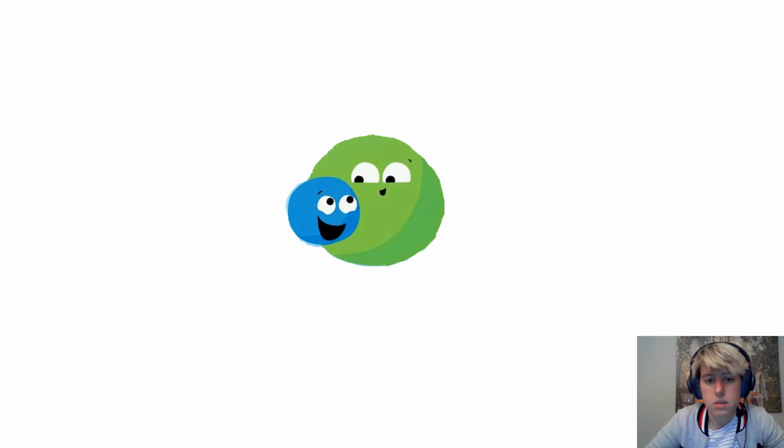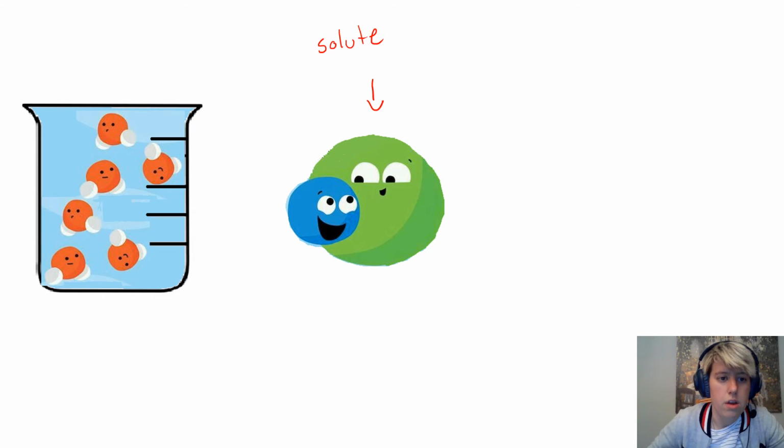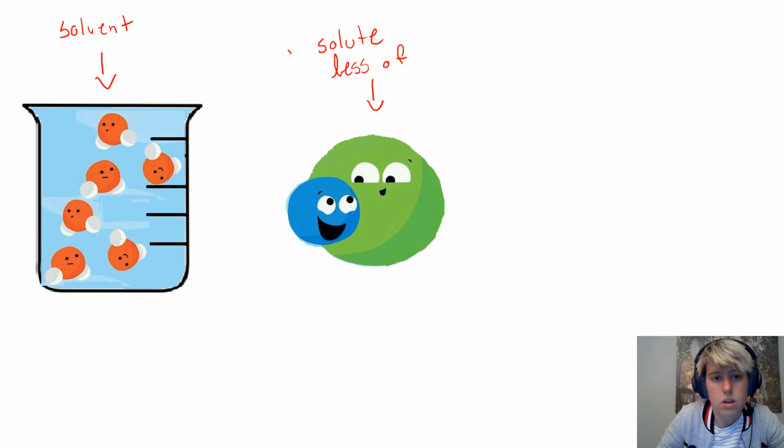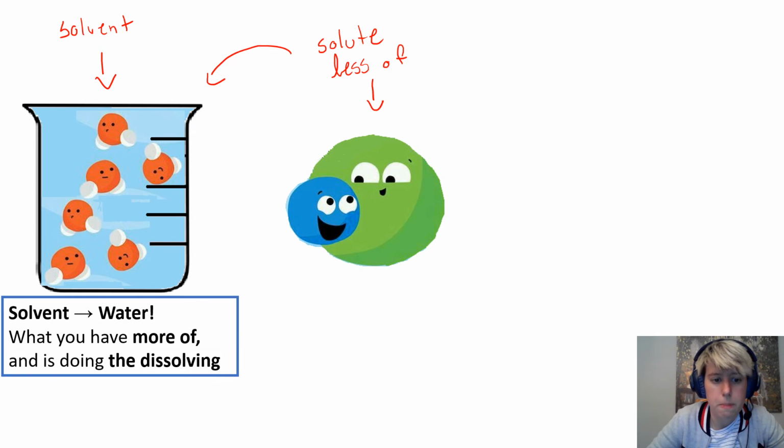So if I'm looking at this right here, this would be my solute, right? This would be my solvent, because my solute is what I have less of, and it's what's going into my solvent, what I have more of.